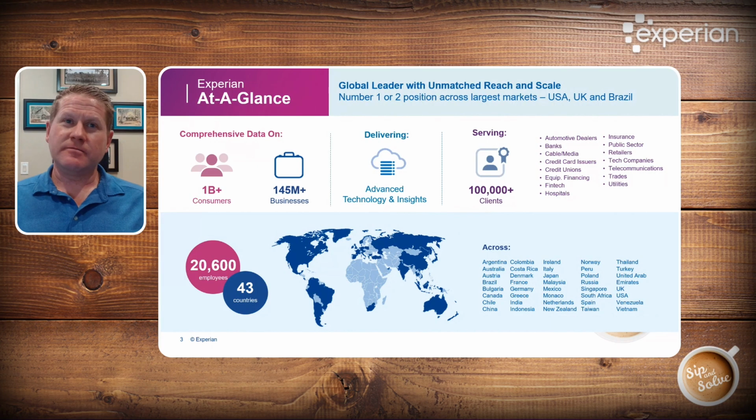So no matter where you do business, Experian has leading solutions to help you navigate the complex and rapidly changing business landscape with informed confidence. Today, we'll take a look at how our global reach can help enrich decision-making, especially for our US-based clients that are expanding or already operating internationally.